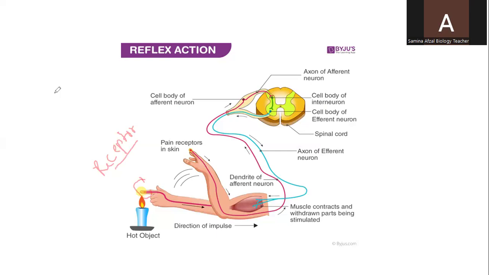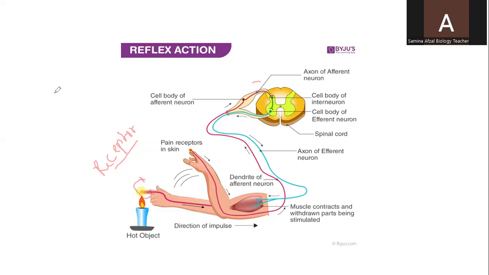Then the message will be sent through the sensory neuron towards the spinal cord, not towards the brain. From the spinal cord, the message will go back by motor neuron towards the muscles of our hand, and as a result we will withdraw our hand within fractions of seconds.